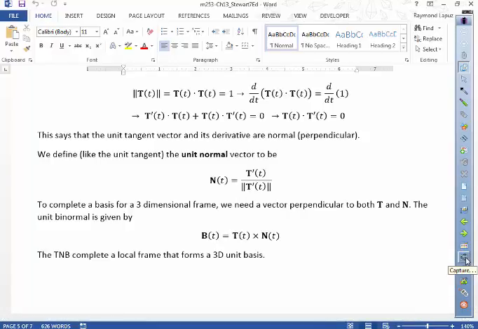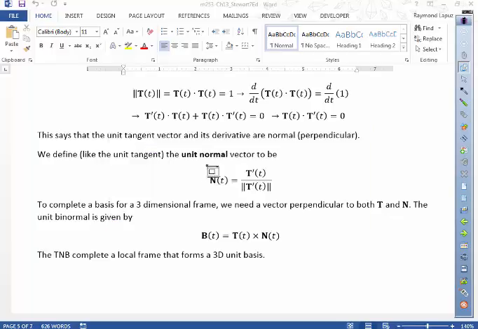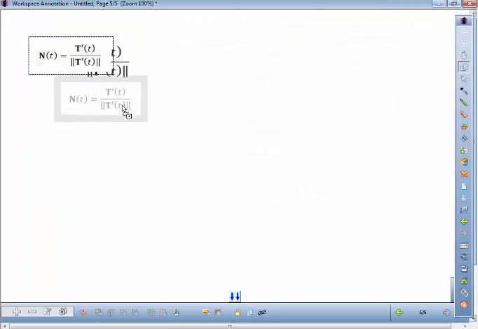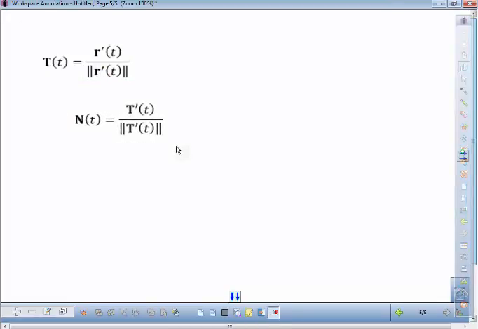Your normal vector, we found that the derivative of the unit tangent is perpendicular to the unit tangent, and therefore that makes a good candidate for your normal vector. So we have T, and then we have N.